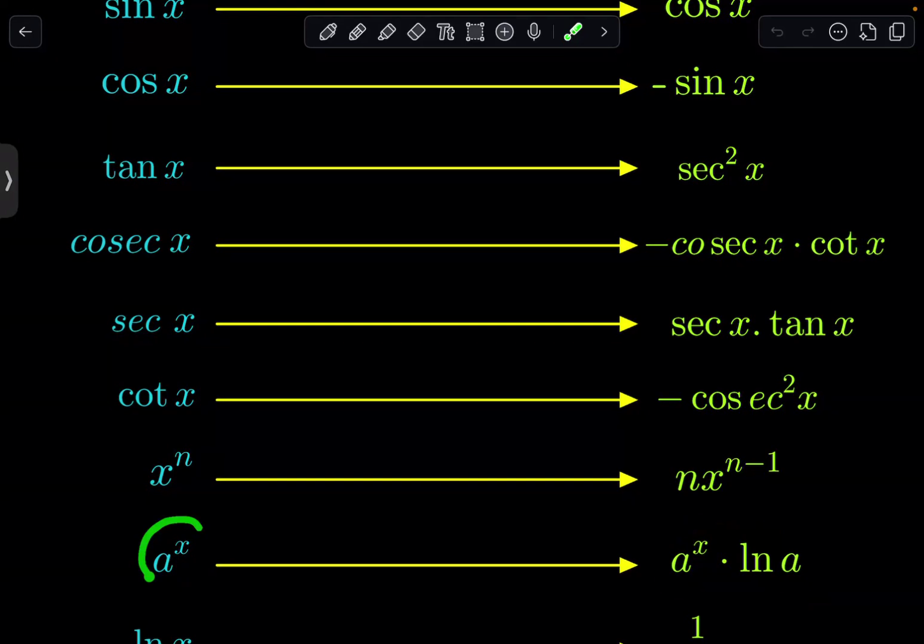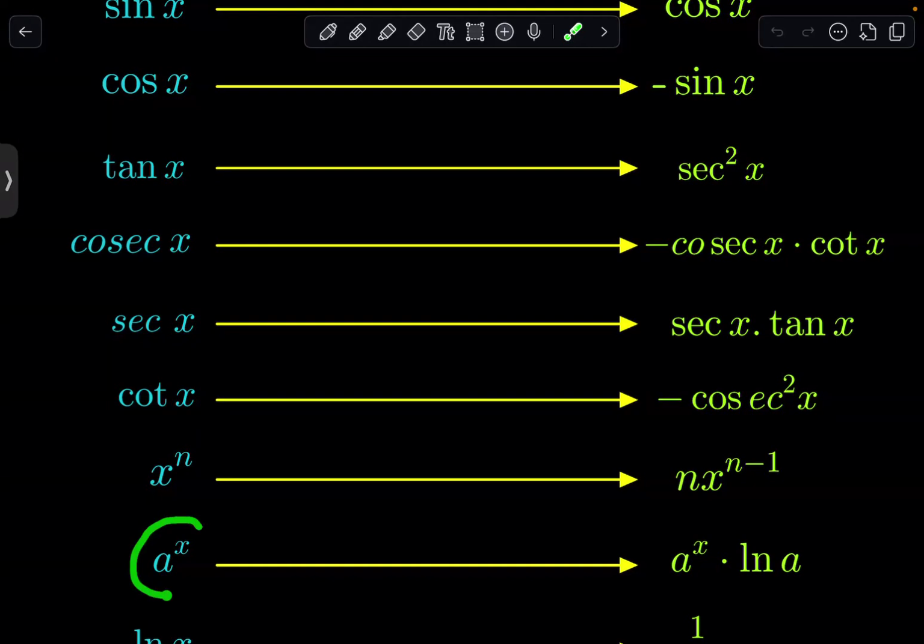And if we are considering a to the power x, you should take a to be positive, as exponential functions with negative base exist and do not exist so frequently that we cannot treat them properly.